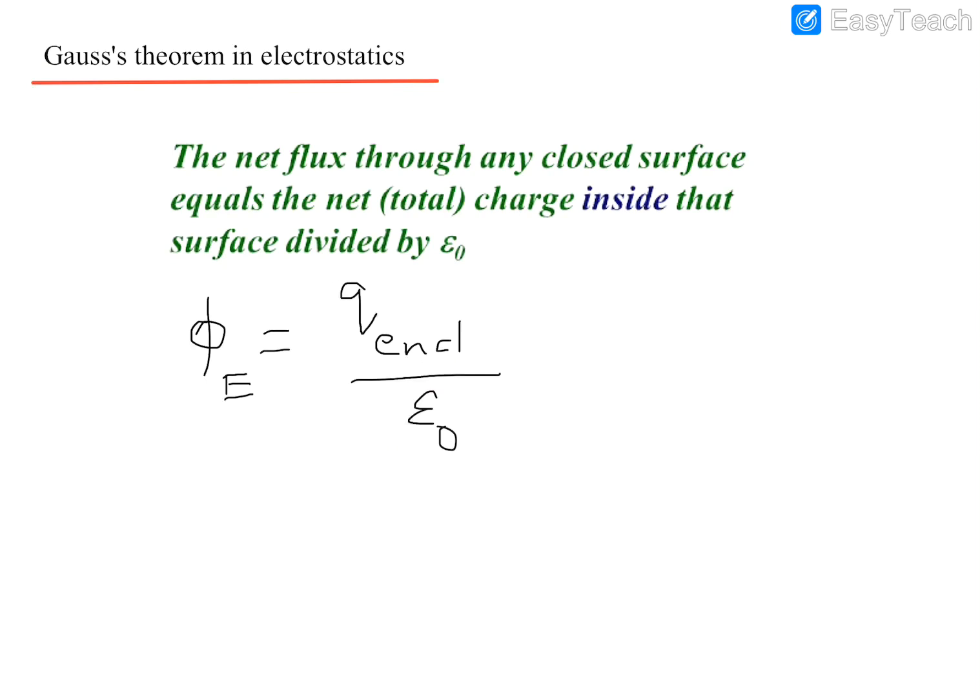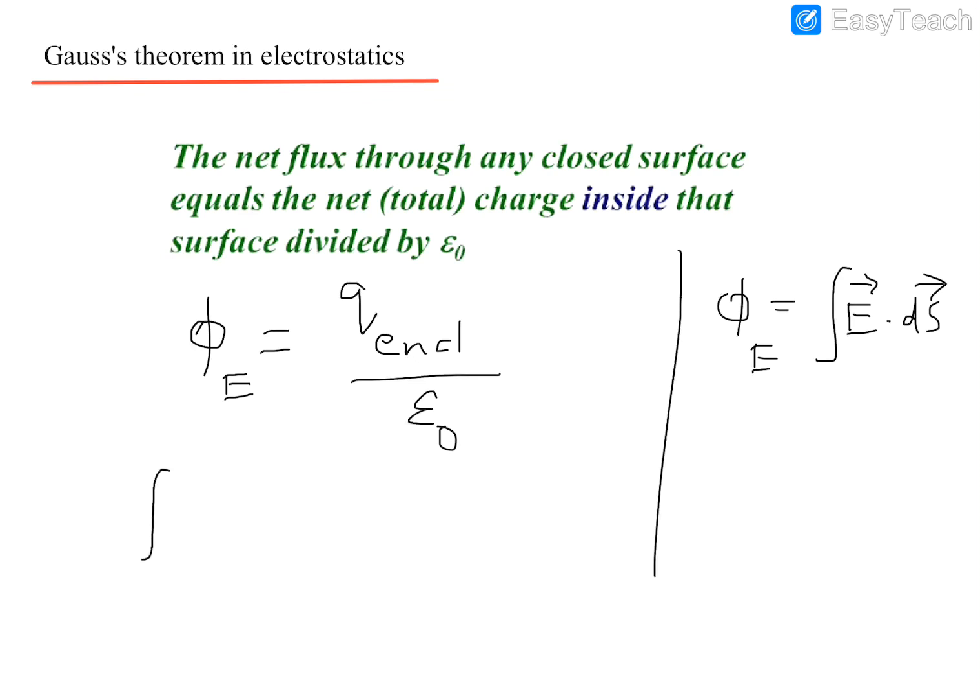Now I will rewrite this one. As you all know, the equation for phi E is nothing but integral E dot ds. We discussed this equation while discussing electric flux. In general, electric flux can be expressed as integral E dot ds. So here instead of phi E, you can write it as integral E dot ds. But there is a word, the net flux through any closed surface.